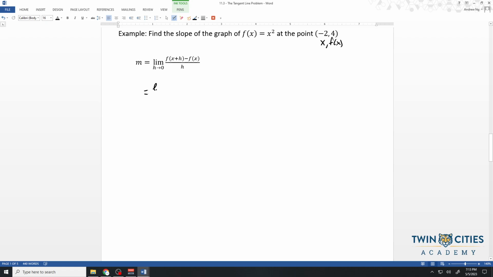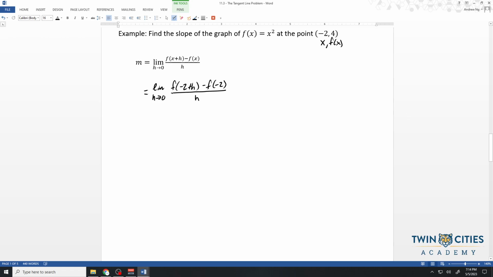So this will be the limit as h approaches 0 of f of x plus h, where x is -2, so f of -2 plus h, minus f of -2, and this is all over h.